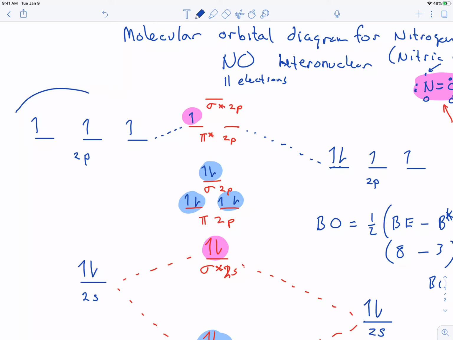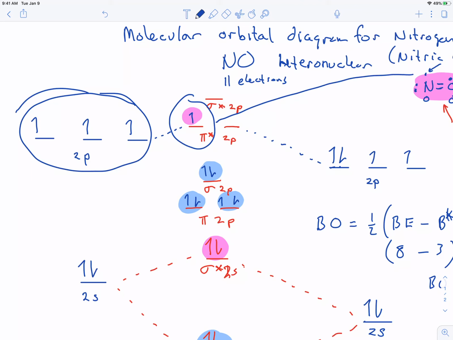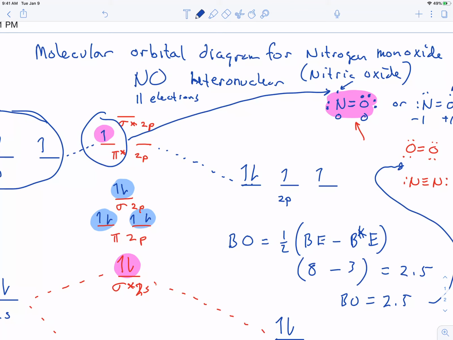So this orbital receives a greater contribution from the nitrogen 2p than it does from the oxygen 2p. That signifies that this is the lone electron. It's an antibonding electron on the nitrogen that occupies the antibonding orbital. So molecular orbital theory is consistent with our formal charge.